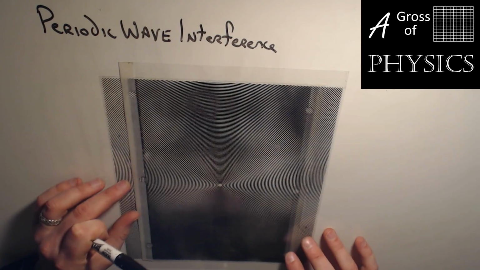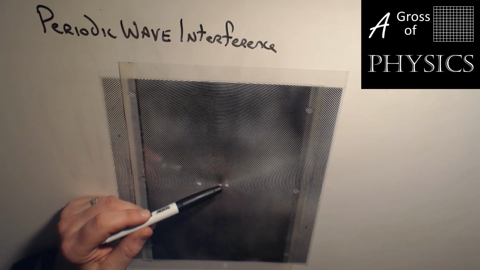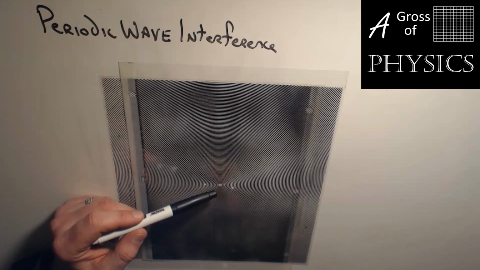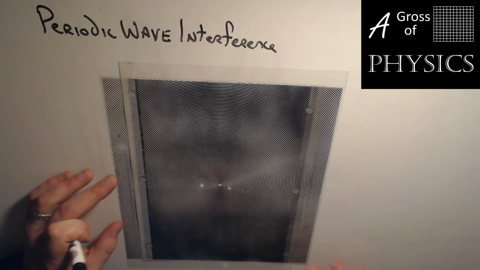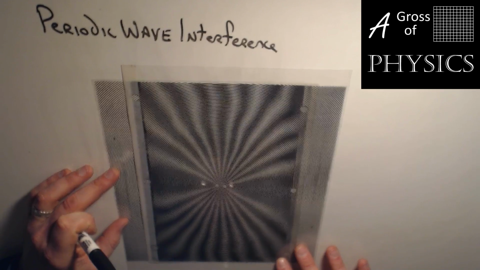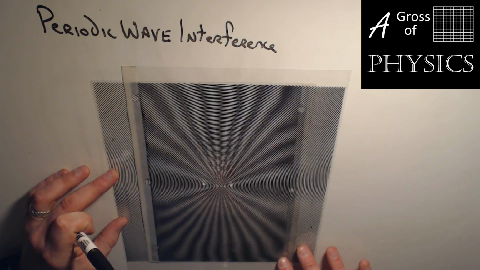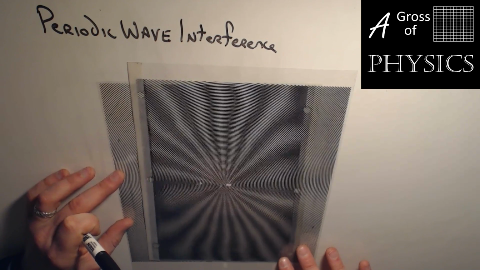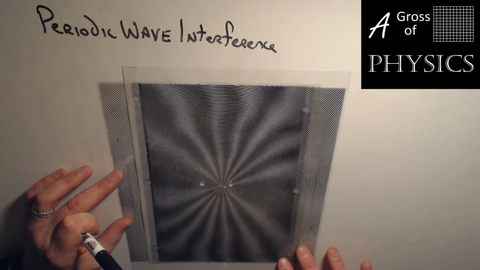The way this works is every circle represents a crest, and every light area in between the circles represents a trough. Now as I separate these patterns, you'll see that the pattern produced with the two transparencies changes. This is almost an optical illusion that you might see on a poster.